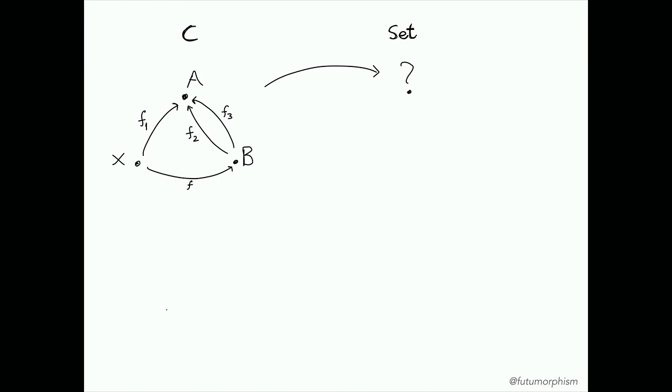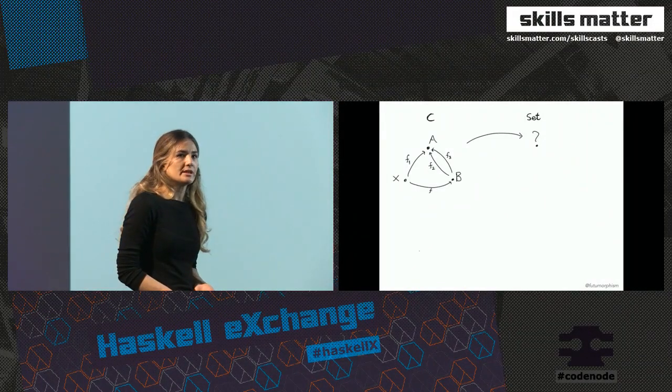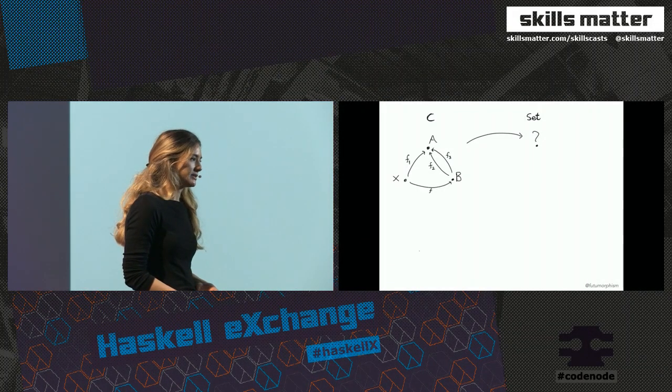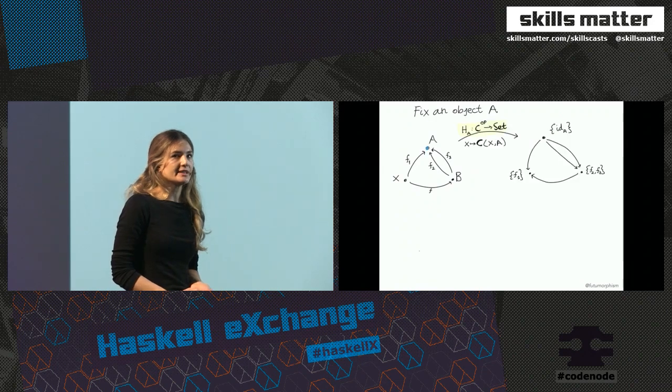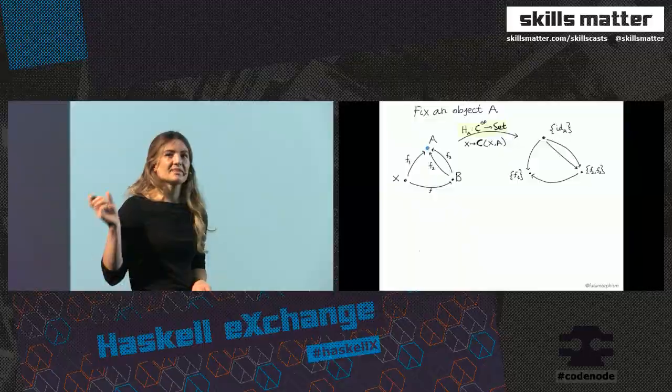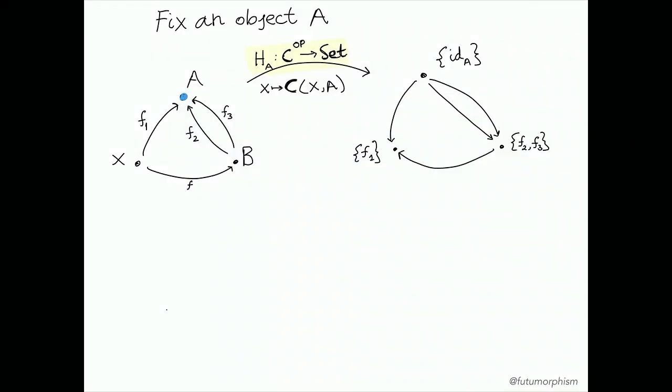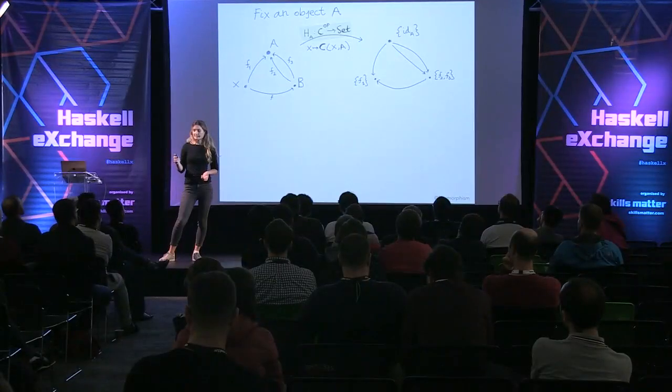Well, if you recall the definition of category, we said between every two objects there is a set of morphisms from A to B. So we can do a trick, which is to fix an object A, and then define a functor in the following way. Every object X is mapped to the set of morphisms from X to A. So here, X would be F1, B has two morphisms to A, so it's F2 and F3, and A just has the identity. So that's how we map objects.